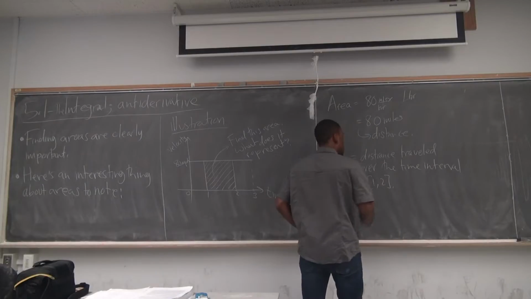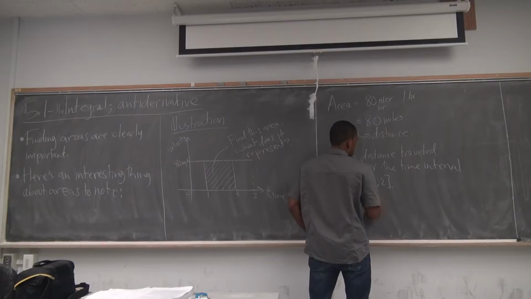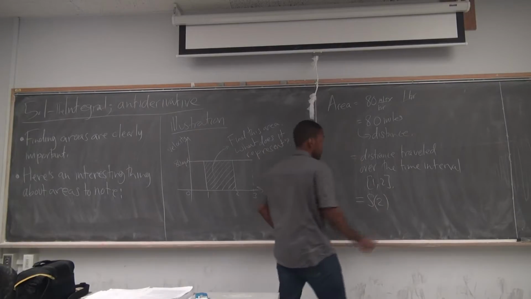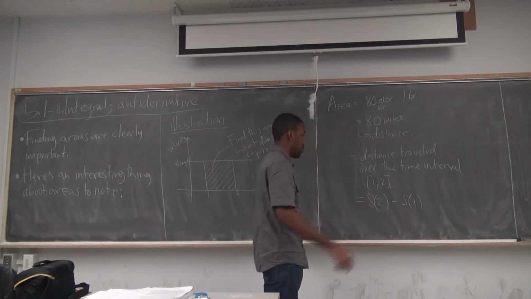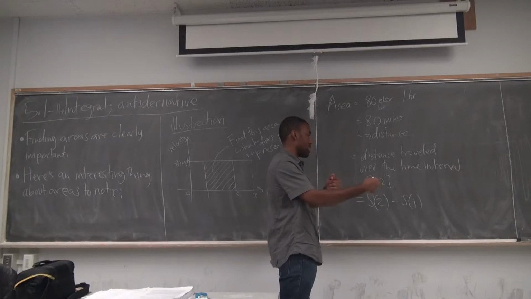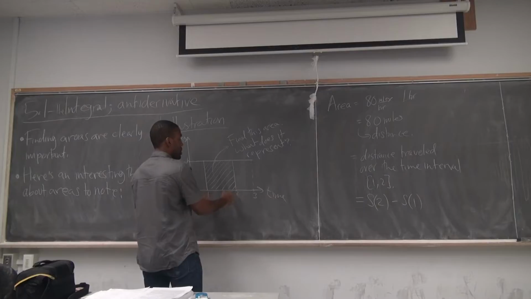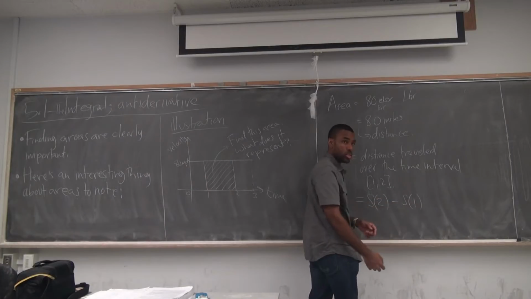Notice another way to think about this would be the following. If I take the position function evaluated at 2, it tells me my position at 2. If I subtract that from the position function evaluated at 1, it gives me my position at 1. If I subtract the 2, it tells me the position, the distance I've traveled in between them. So in other words, the area under the velocity function between these two times is actually the difference between the position functions at those two times.